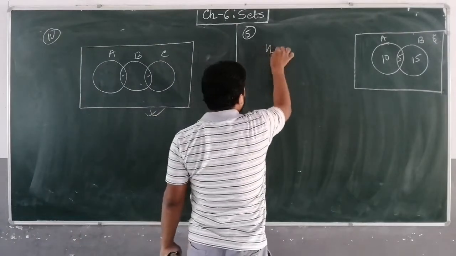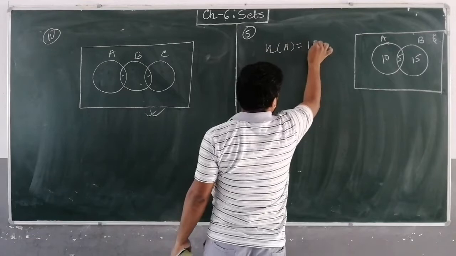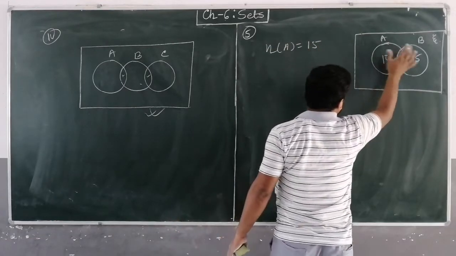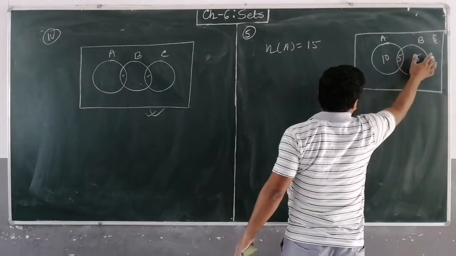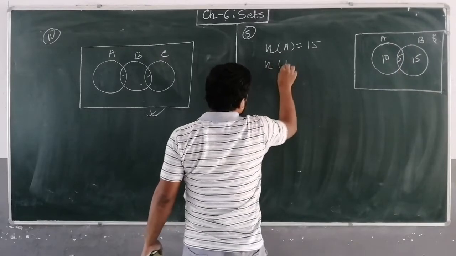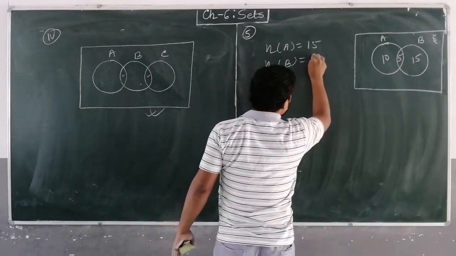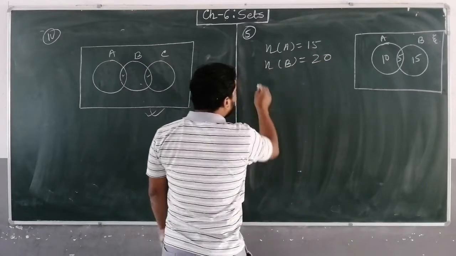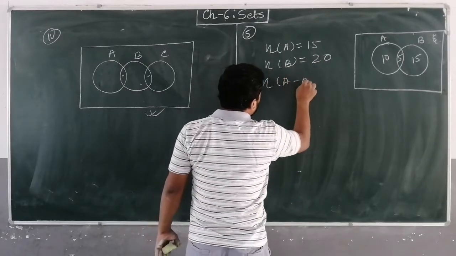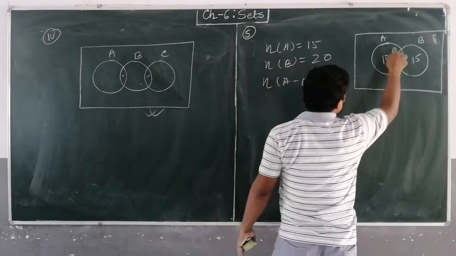Here cardinality of A equals 10 plus 5, that is 15 total, and cardinality of B is 5 plus 15, that is 20. Cardinality of A minus B is 10 only.